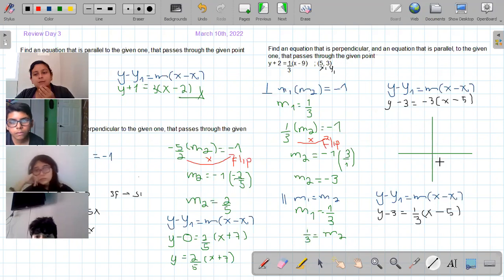They're both positive, so probably it goes something like this one, and probably this one goes, no, the other way around. This one is like this one. And for this one, since it's negative, it has to go something like that.